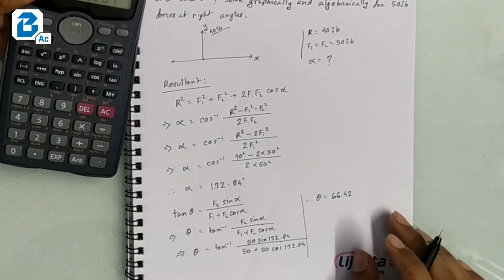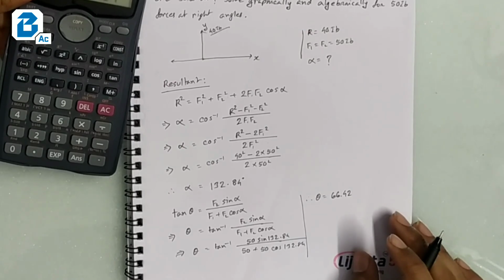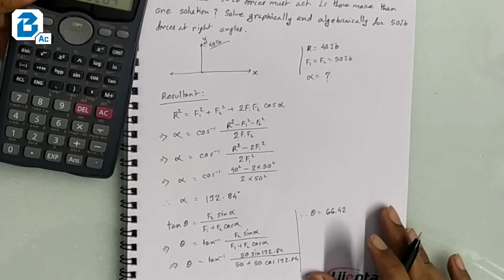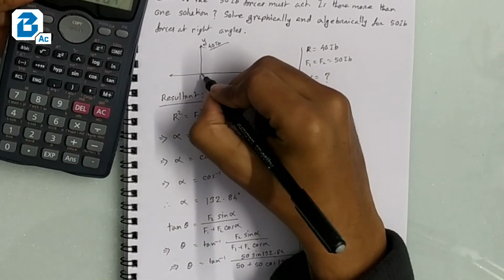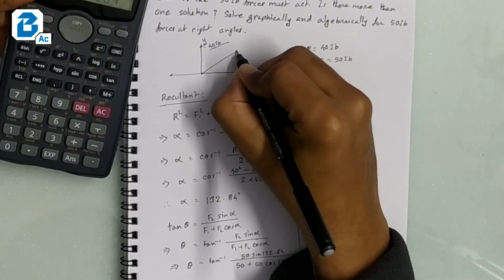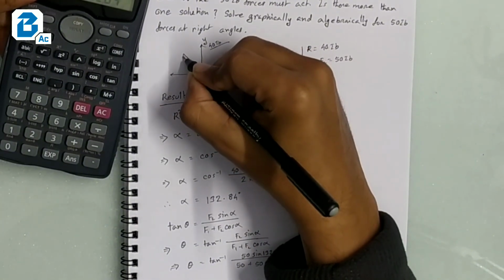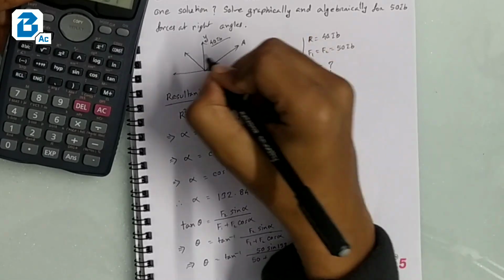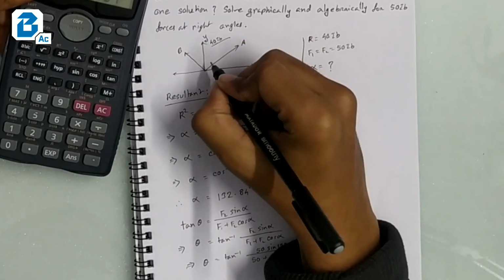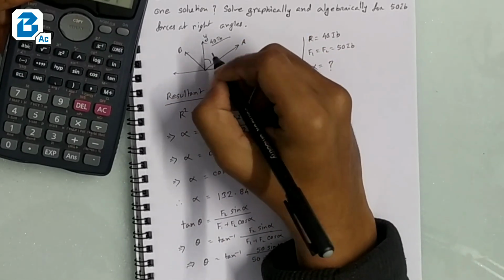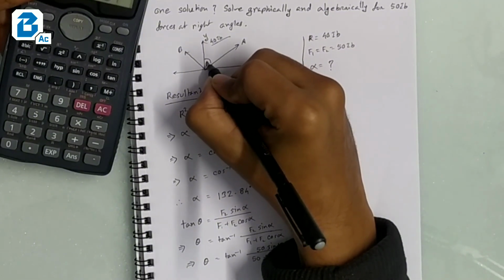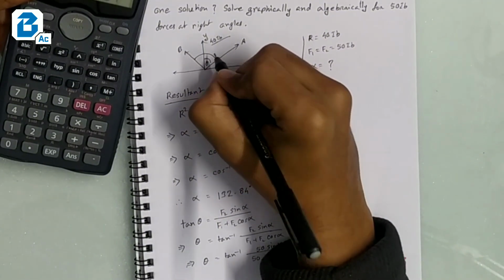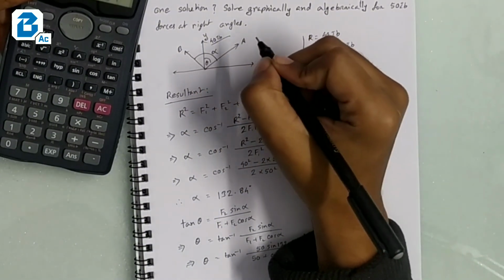So the angle from the resultant would be the same. So we can mark it as this. We can call it A and B, and both are theta, and the whole is alpha.